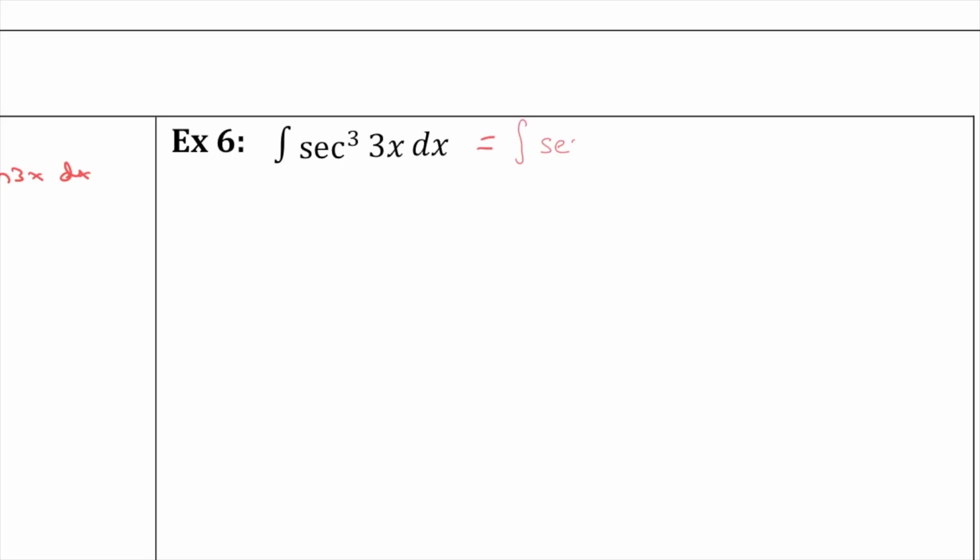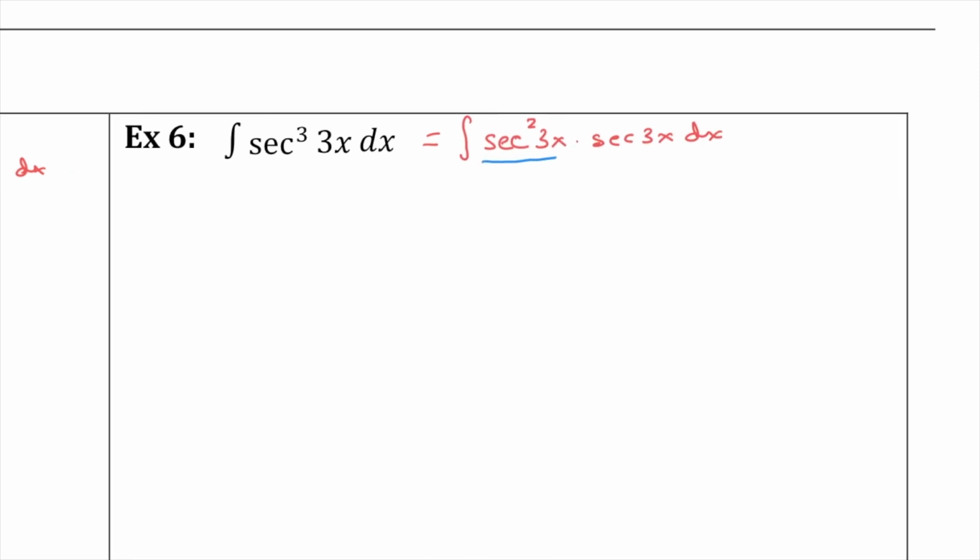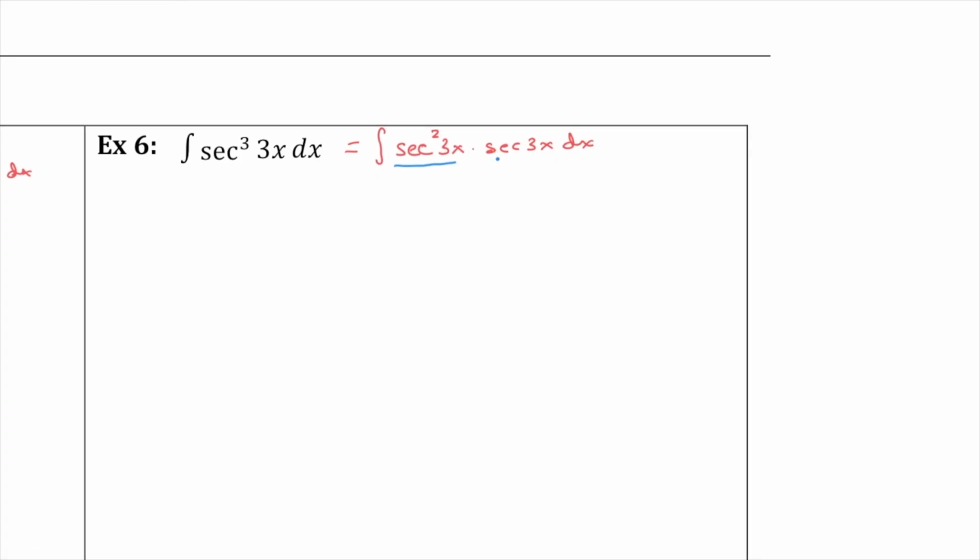We have the antiderivative of secant squared 3x times the secant of 3x dx. As you look at your problem, did you notice that you know the antiderivative of the secant squared 3x, but you also know the derivative of that secant 3x? So this is integration by parts.